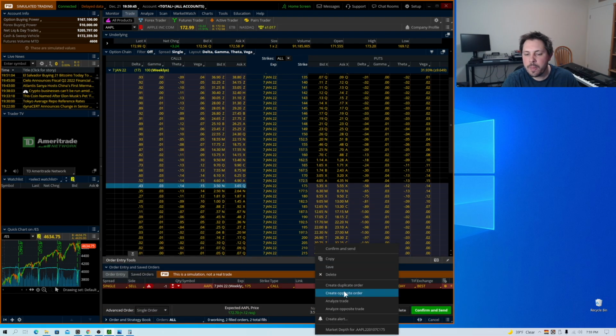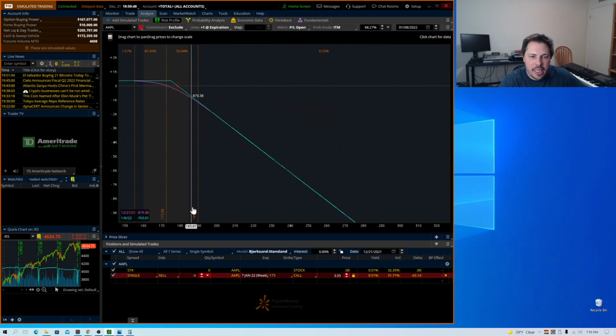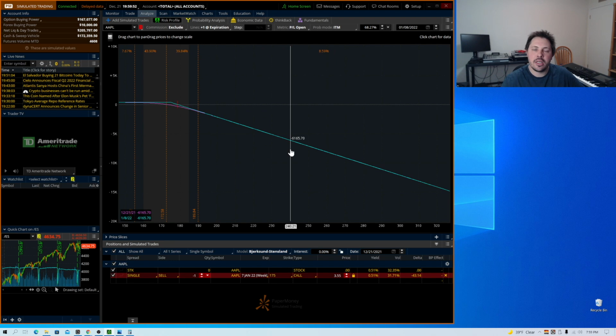And this is a strategy that is unlimited risk, right? Selling calls are unlimited risk because there's no cap on how high an asset can go, right?